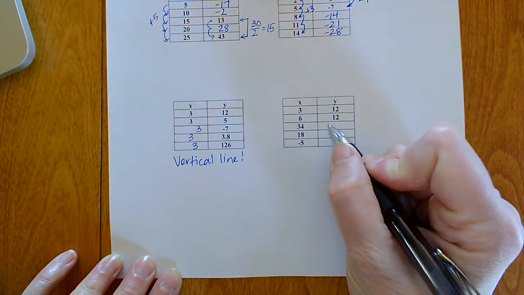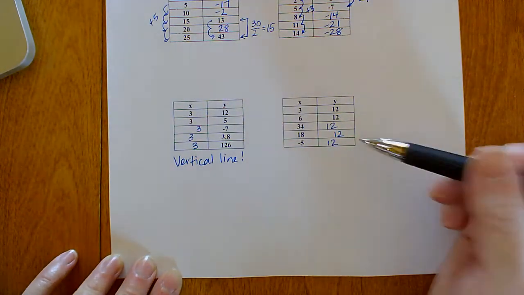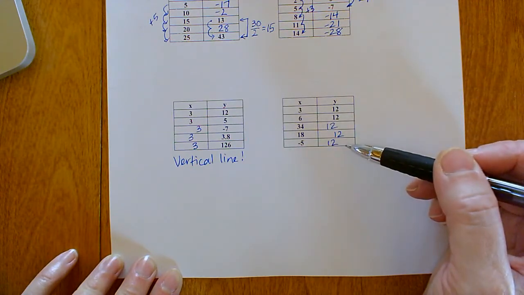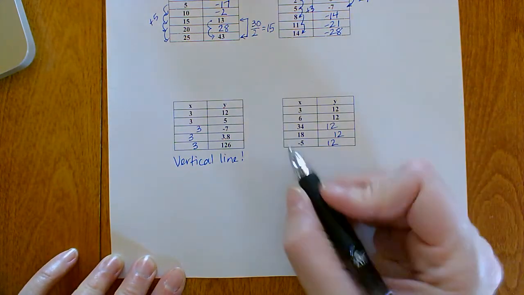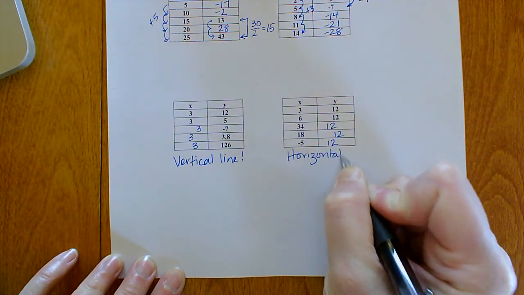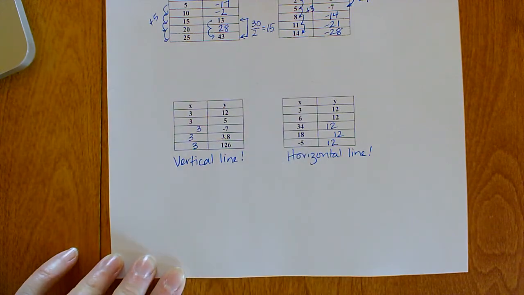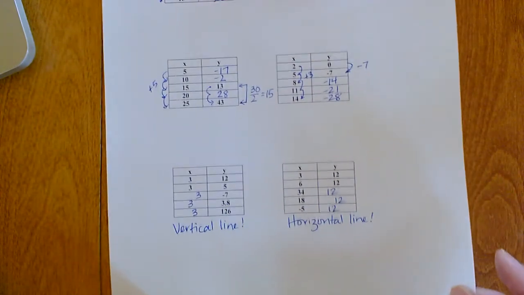And that's going to indicate that all of our y values are going to equal 12. And when all of your y values match, that means that you have a horizontal line. These last two have a little bit of a twist with them compared to the others on this page.